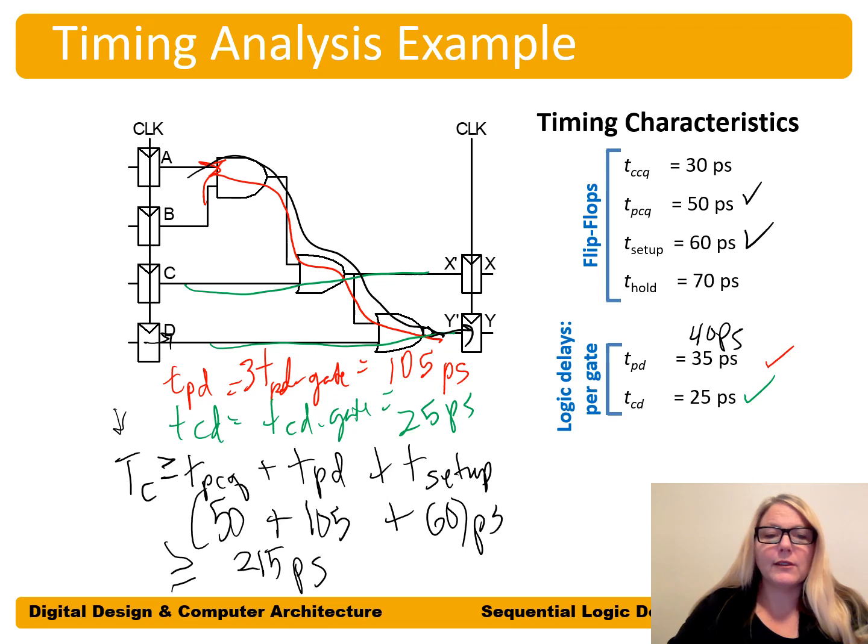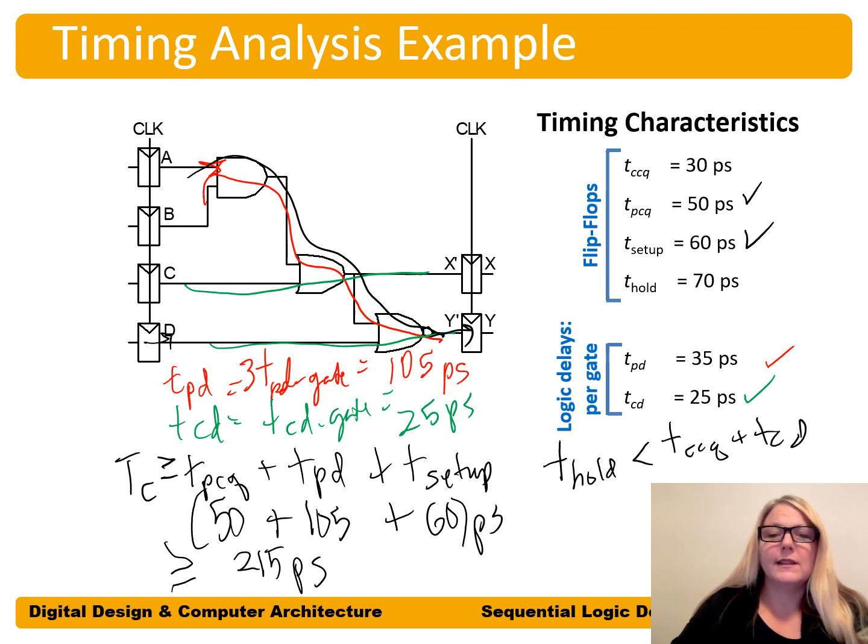Now let's consider the hold time constraint. So the hold time constraint is, well, T hold has to be less than T contamination clock to Q plus TCD, the earliest that a signal could race out of the flip-flop and start changing the values at the input of the second bank of registers.